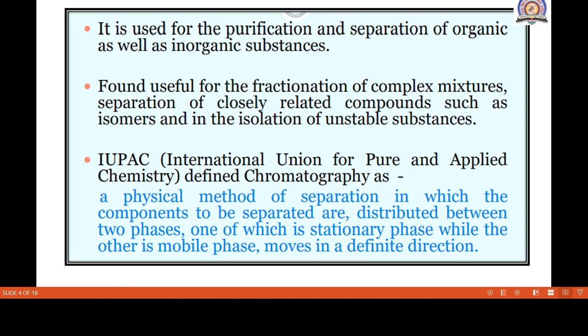Then the next point is the IUPAC definition of chromatography. So first we must know the full form of IUPAC: International Union of Pure and Applied Chemistry.